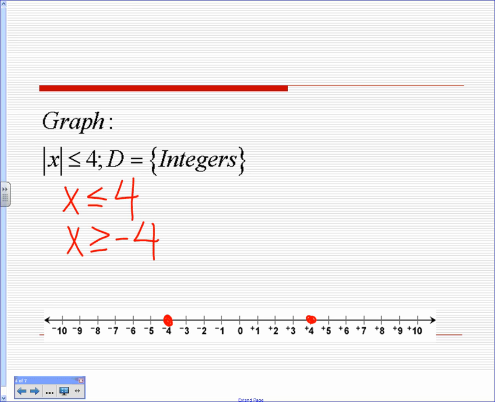What numbers are less than or equal to 4? 4, 3, 2, 1. Okay. What numbers are greater than or equal to negative 4? Everything in between. But am I going to do my whole line? Why am I doing dots? Because it's integers. Correct.